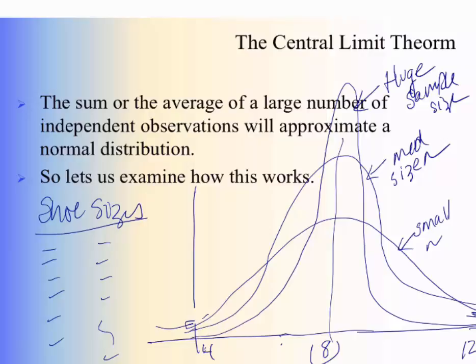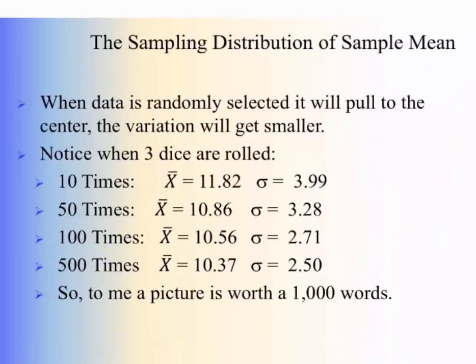So, this concept being as important as it is, I figured it was worthwhile to show you an actual example of how this works. What I did was make an Excel spreadsheet that would randomly generate numbers between 1 and 6 to approximate 3 dice.